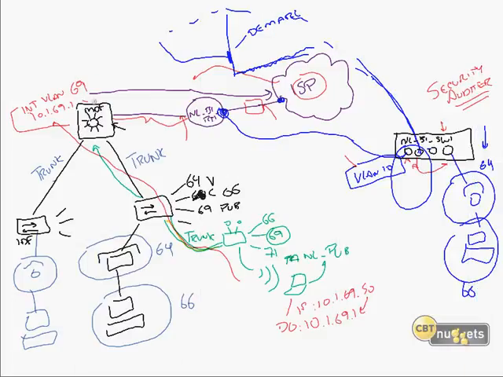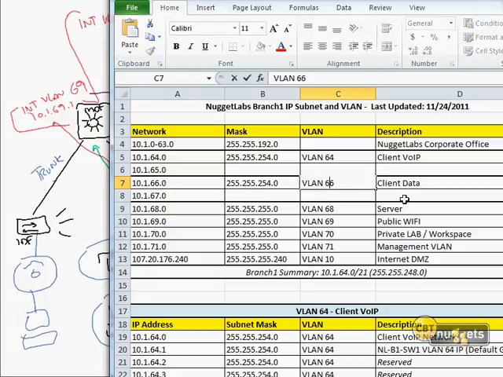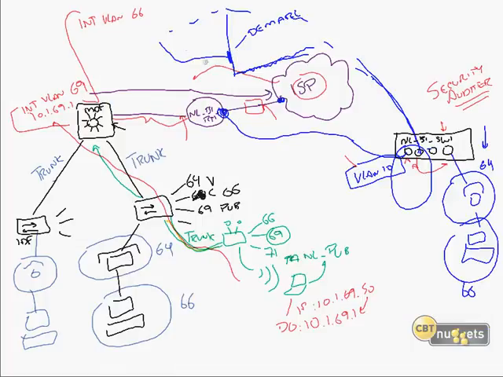So I would create on this guy interface VLAN 66. That's our client VLAN 66, client data, right? And on the switch, I would put 10.1.69.1, and that would be the default gateway. All these guys would point to 10.1.69.1. Everybody following me, right?